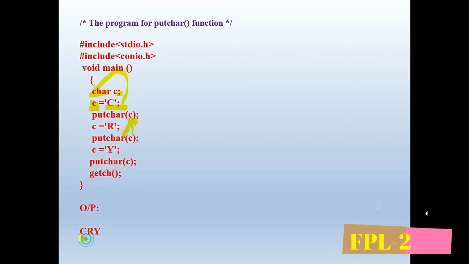It will print C, then putchar c; now inside c we have the character R, so it will print R. Then putchar c; the value of c is now the character Y, so it will print Y. In total, it will print C, R, Y separately for these separate functions, but we have not attached any space or new line in between, so it will immediately give you output that looks like a single word.